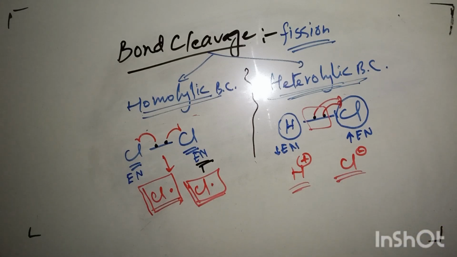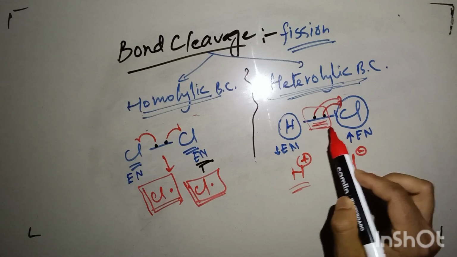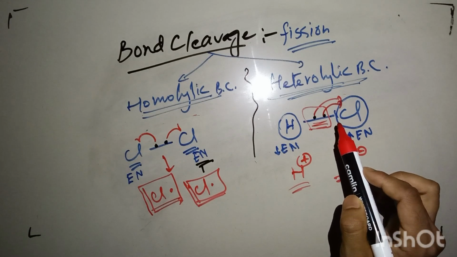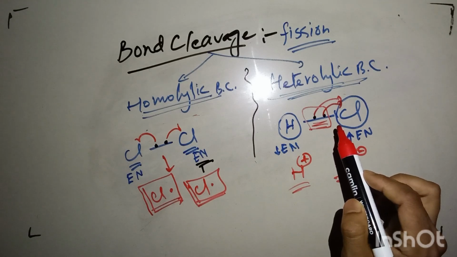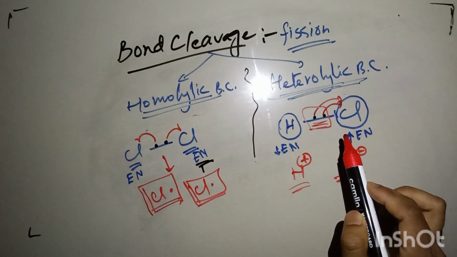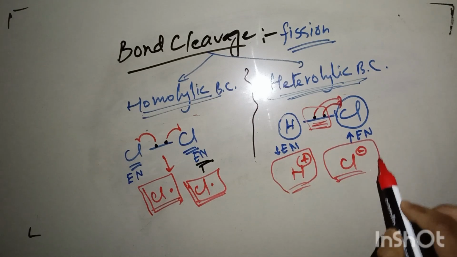So simply, what is heterolytic cleavage? Cleavage in which unequal distribution of electrons takes place during the bond cleavage is known as heterolytic cleavage. And why is it taking place? Due to unequal distribution of electrons, ions are formed, the hydrogen ion and the chlorine ion.